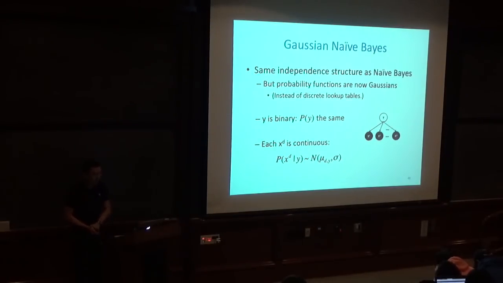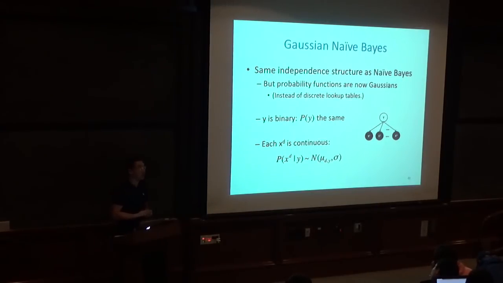So suppose we have the same independence structure as naive Bayes, but now each individual little probability function is not a lookup table over discrete variables, but little Gaussians over the continuous domain. Again, y is binary, so let's just keep p of y the same.